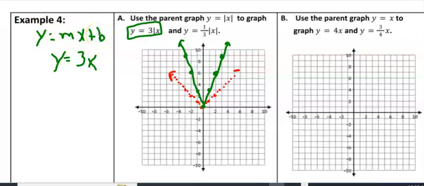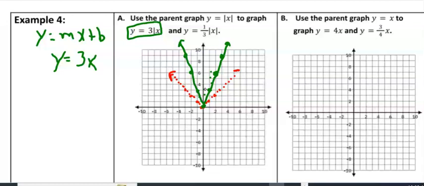Correct? Okay, there's my y-intercept. I go up 1, 2, 3 to the right one. Up 1, 2, 3 to the right one. That's the right side of the absolute value. To get the left side, I just negate. I go up 3, but instead of going right 1, I go which way? Left 1. You can do it that way too. Does everybody hear what I just said?